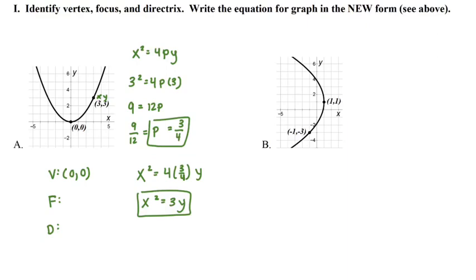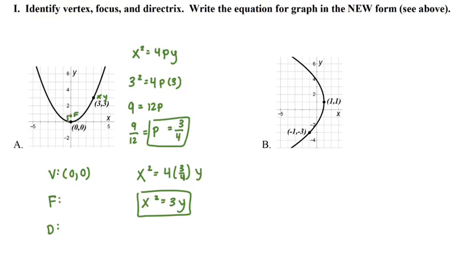If I know p is 3/4, then we go up 3/4 from the vertex to get to the focal point. Remember, the focal point will always sit on the inside of a parabola. That's something really important to note. I know I'm going up to get to that focal point because the parabola is facing up.